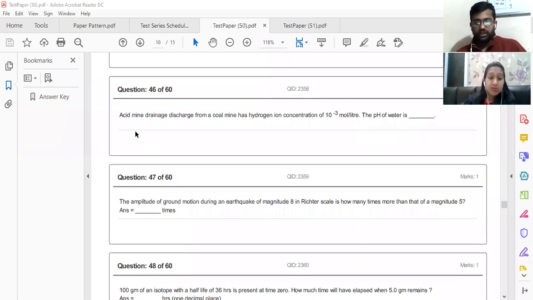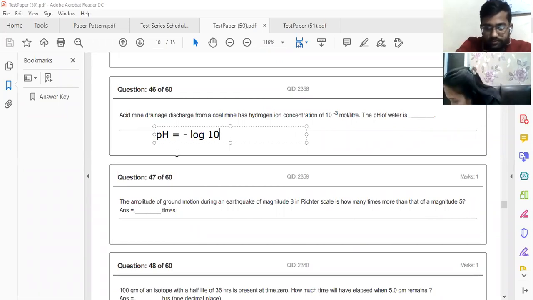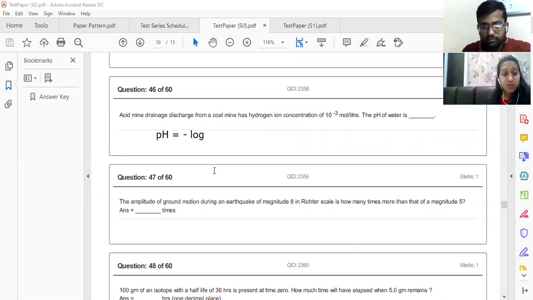Next, acid mine drainage discharge from a coal mine has a hydrogen ion concentration of 10 to the power minus 3 mole per liter. The pH of the water is. Okay, so we have formula for pH. pH is equal to negative logarithm base 10 hydrogen ion concentration.